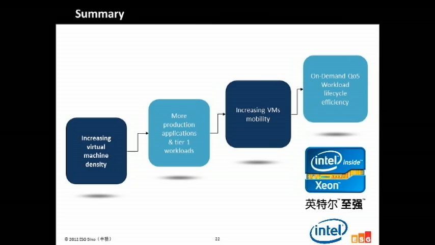To support the increasing server virtualization maturity, storage needs a new architecture to support increasing VM densities. In addition, to support more Tier 1 applications in virtual environment, storage needs Tier 1 performance and functionalities. Server virtualization needs storage virtualization support.